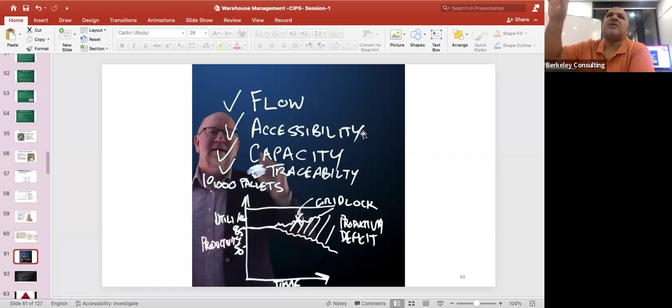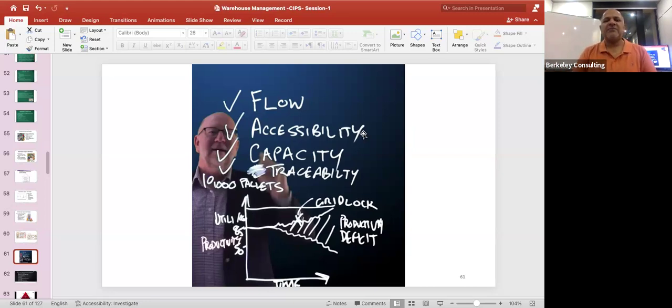When you store it, it should be easily accessed. And you have to make sure of capacity: do you have the capacity to store? And also traceability, meaning where things are, easily counted and traced. So all of these should be kept in mind when you're dealing with warehouse management.